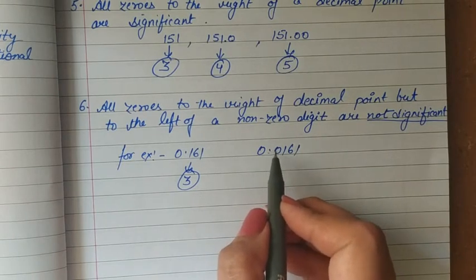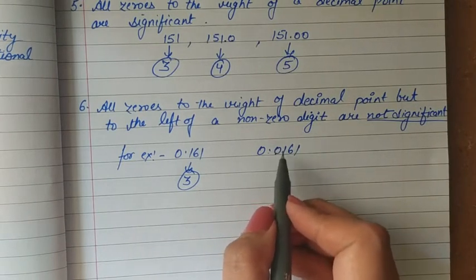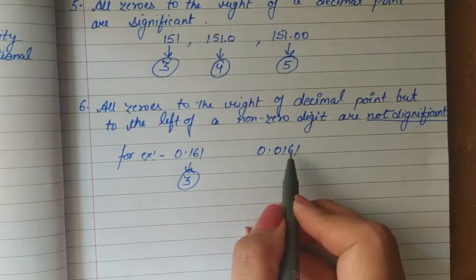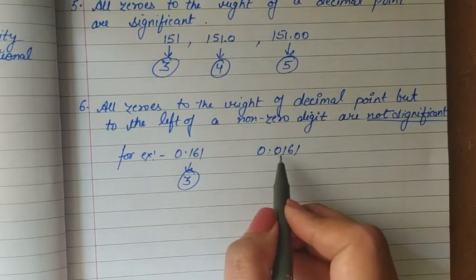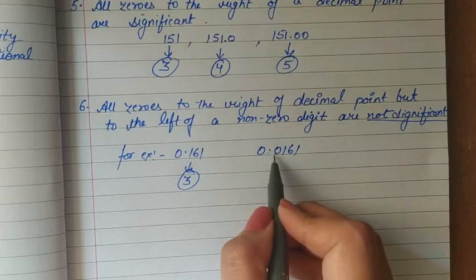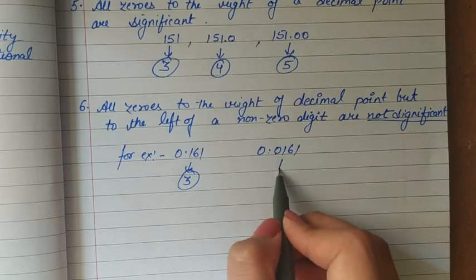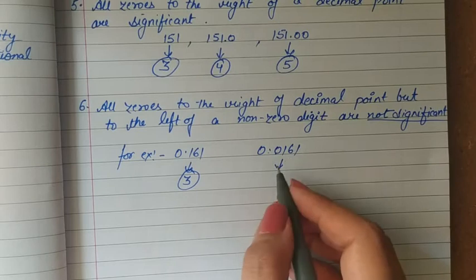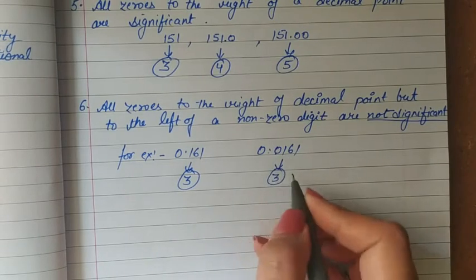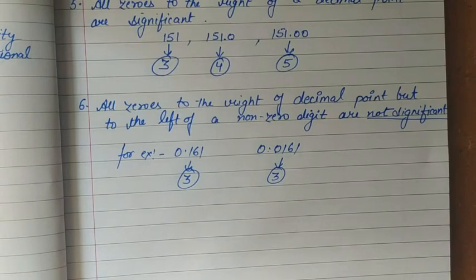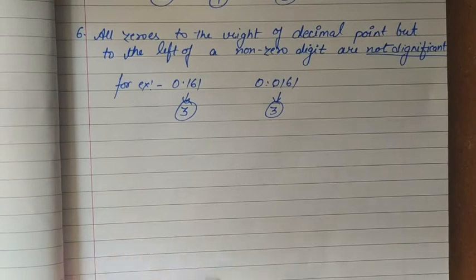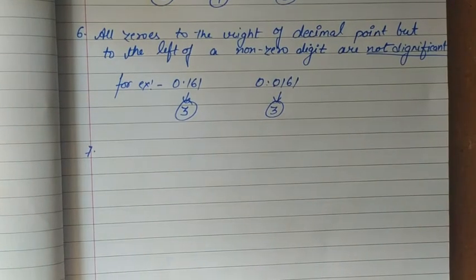We have 0 at the right of the decimal, but this 0 is also at the left of a non-zero digit, so these will not be counted in significant digits. So in the number 0.0161 there also exist only 3 significant digits, right? Let's see the last rule.